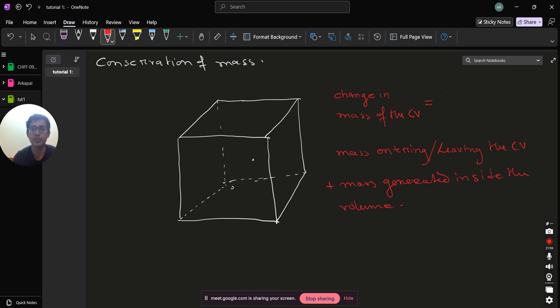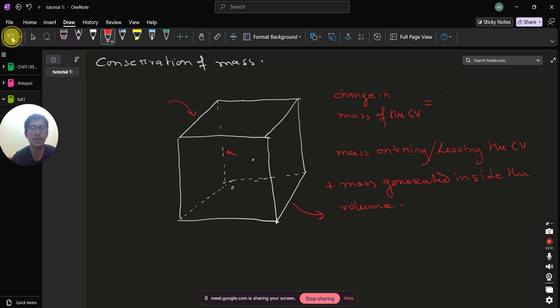At any moment of time, the change of mass inside this volume will depend on the amount of mass that is leaving this control volume and the amount of mass that is entering, plus the amount of mass being generated or destroyed inside the control volume.